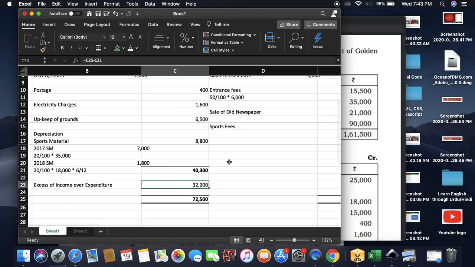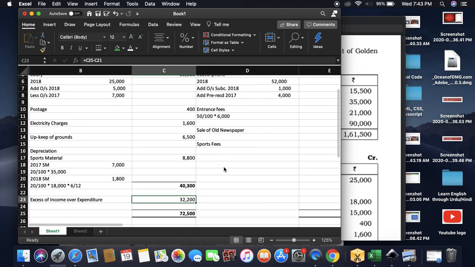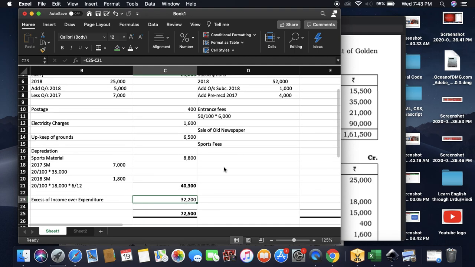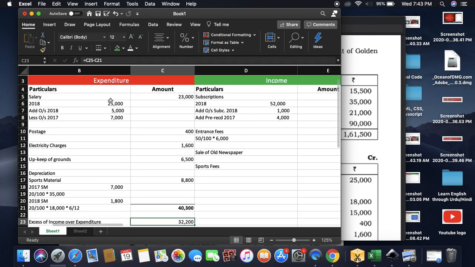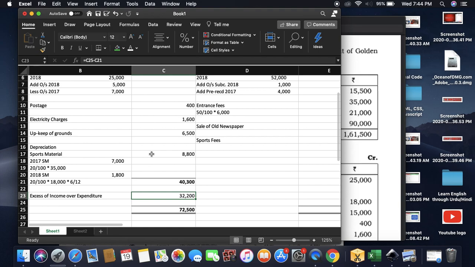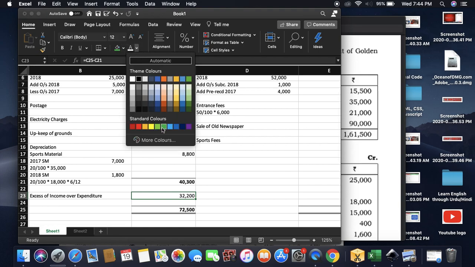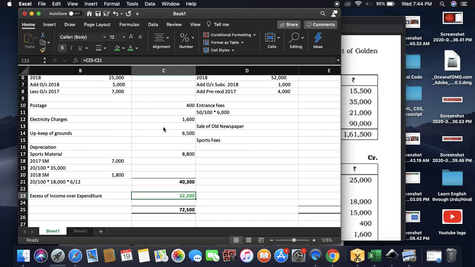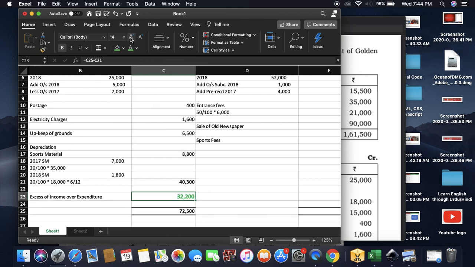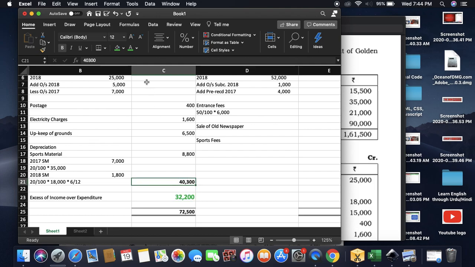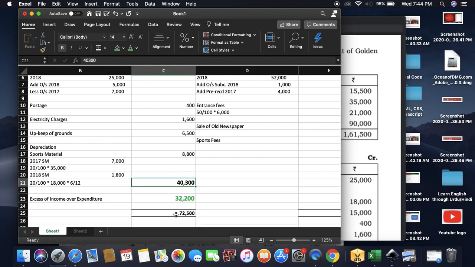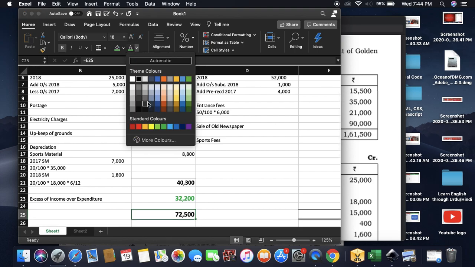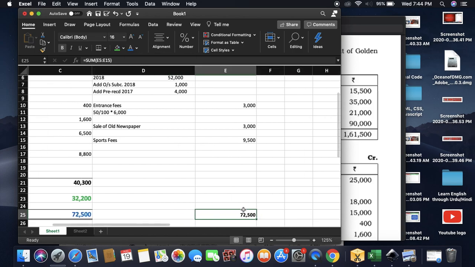We don't generally call it profit in a non-profit organization. That's excess of income over expenditure. So that's the leftover. So let me give a different color, and let me increase the font so it's more visible.